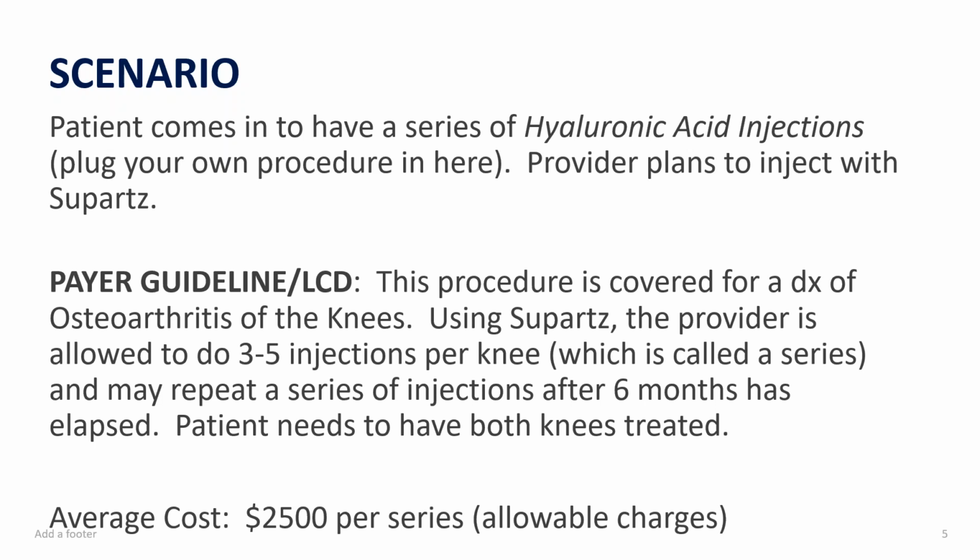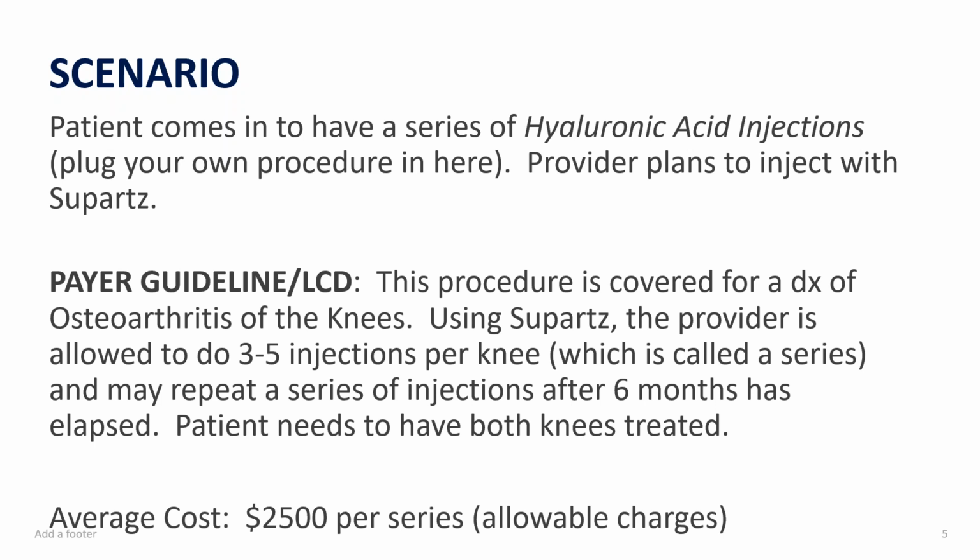This is called a series, and may repeat a series of injections after 6 months has elapsed. So that's your payer guideline. And by the way, the Medicare LCD would be the same as the payer guideline, because it's based on the drug code and what the recommended dosage is of the drug Supartz.